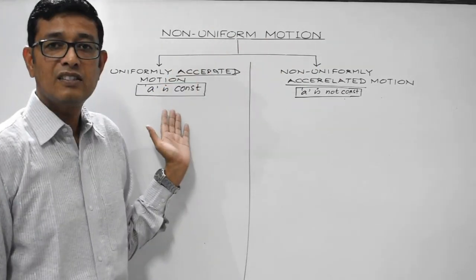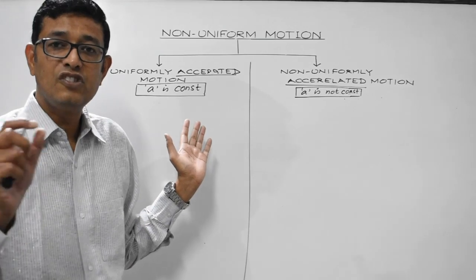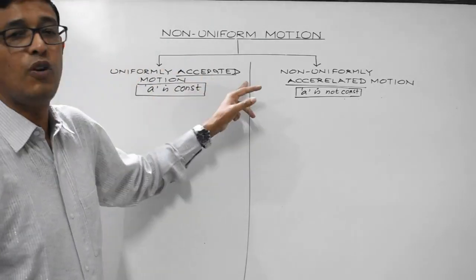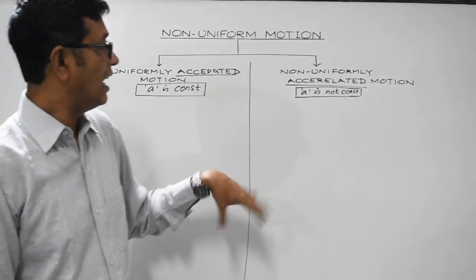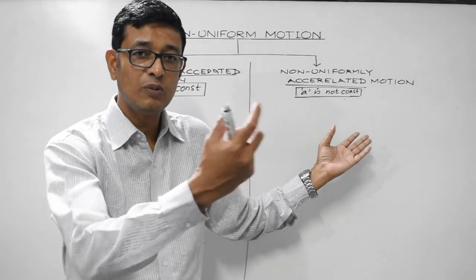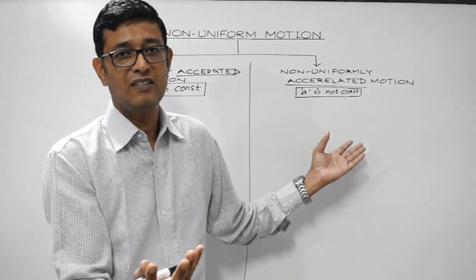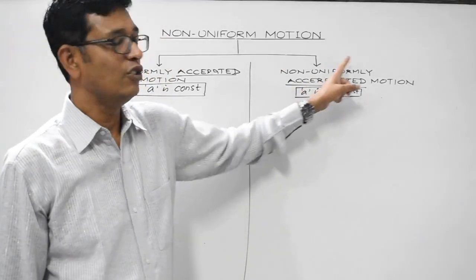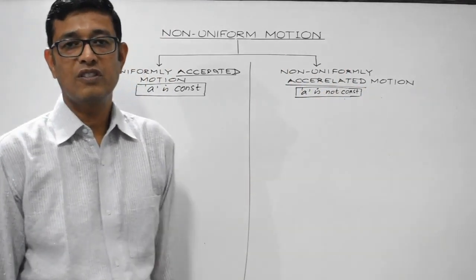In one case, the velocity changes at a constant rate. That is uniformly accelerated motion. And if in a non-uniform motion, the velocity of the body changes at a varying rate, the velocity changes randomly, then it is the case of non-uniformly accelerated motion.